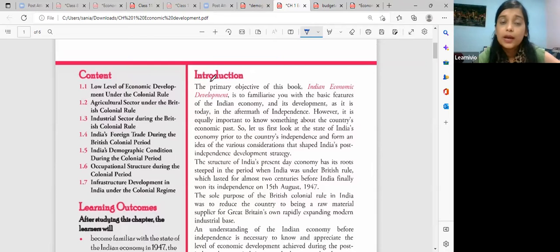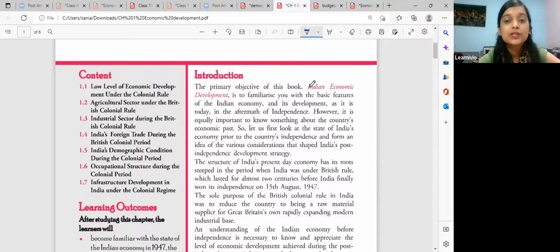Now, introduction. The primary objective of this book is this: in this entire book, you are going to study Indian economy. When I took your first class, I told you what we are going to do. First, what was the condition of India, then how India started reforming and evolving. After that, we'll study present day conditions, situations and problems, and then we'll compare.